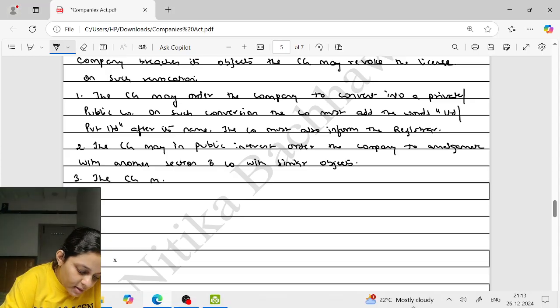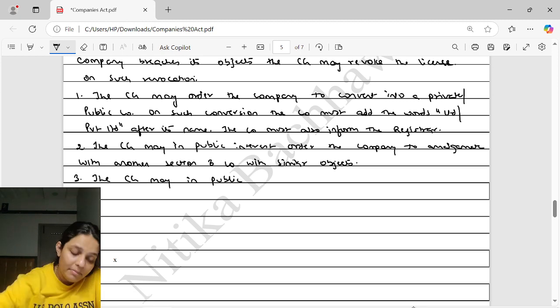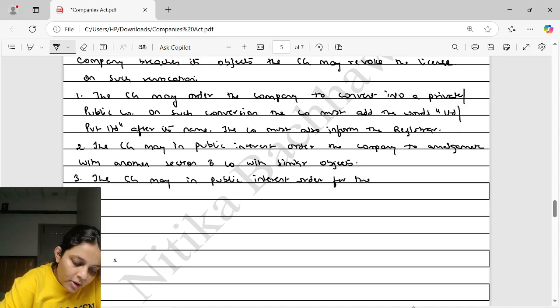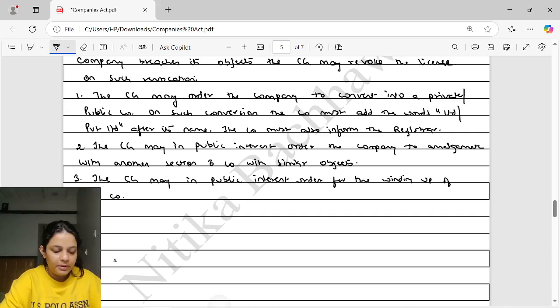The central government may, in public interest, order for the winding up of the company.